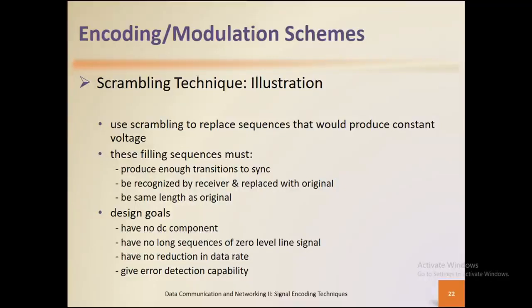The two main techniques you'd find within the scrambling techniques for long distance transmission services are, first, bipolar with 8-0 substitutions.